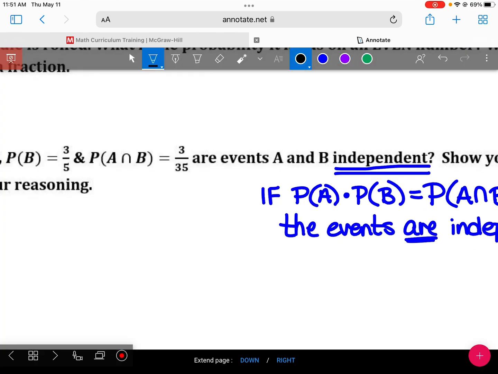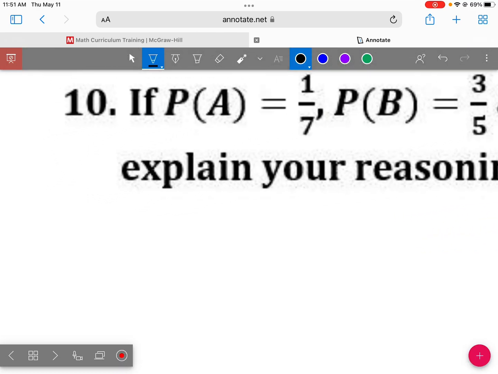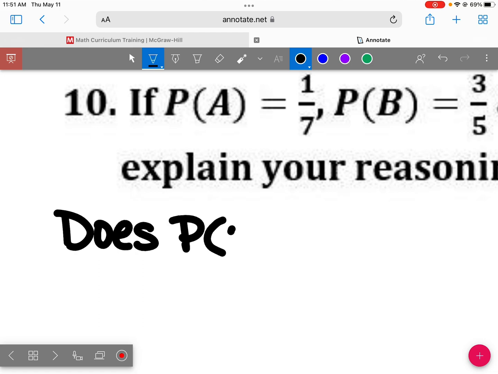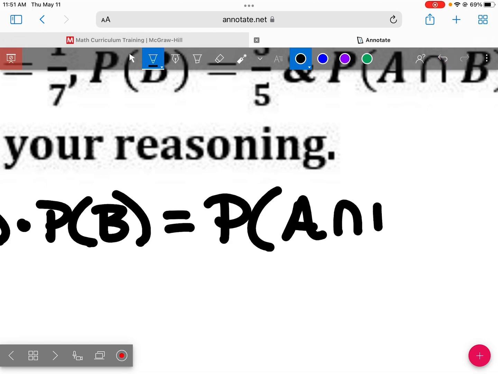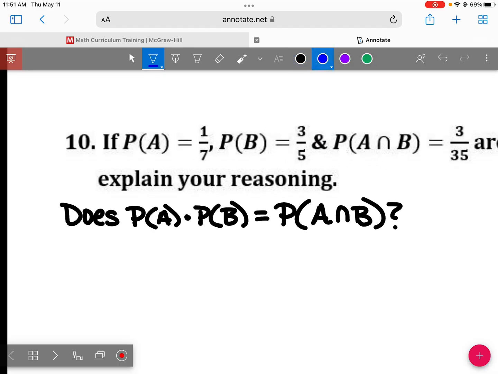So I need to ask myself over here, with the numbers they gave me, does the probability of A times the probability of B equal the probability of the intersection of event A and B? Well, let's start substituting in.